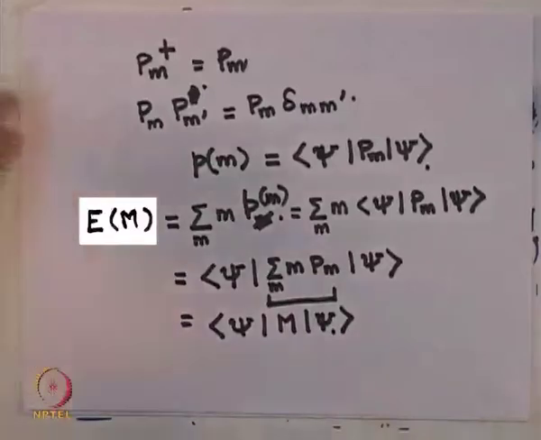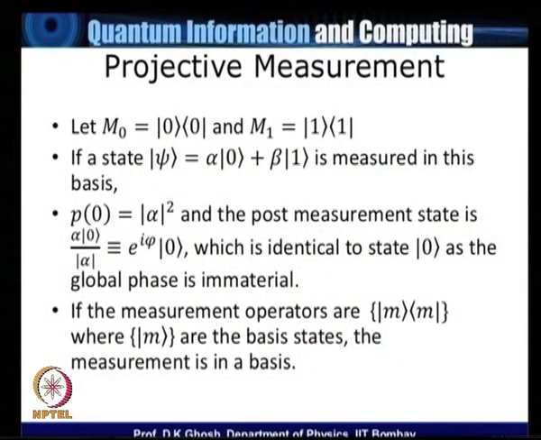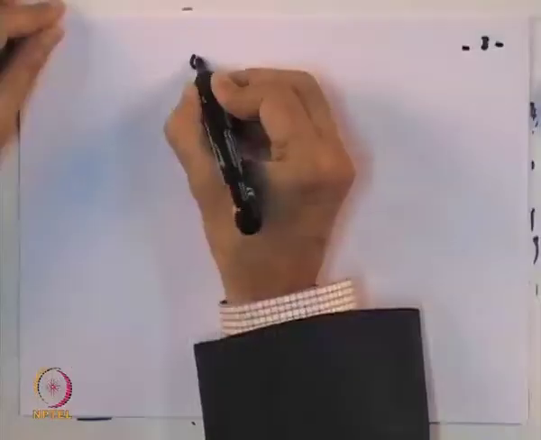Now to illustrate what this actually means, let me give you a specific example of the projection operators. Let me talk about a 1 qubit state, and in that I have of course my basis states |0> and |1>.